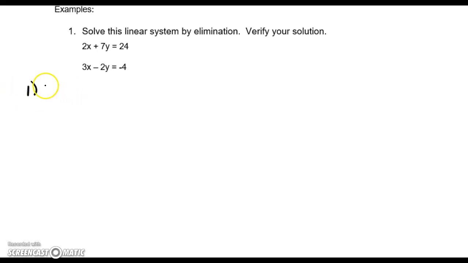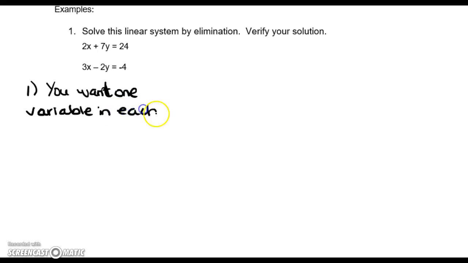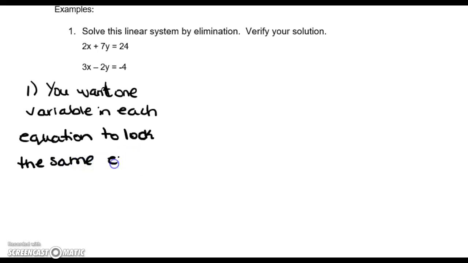So step number 1 here is, you want one variable in each equation to look the same except one is positive and one is negative.